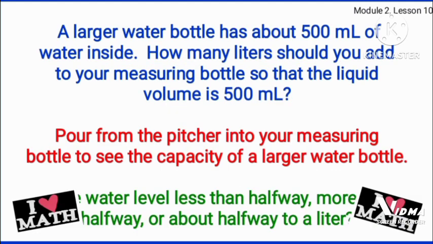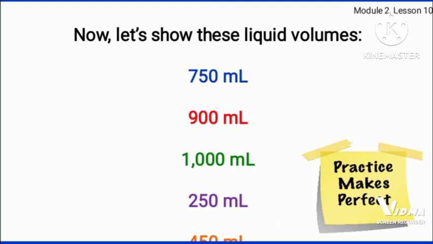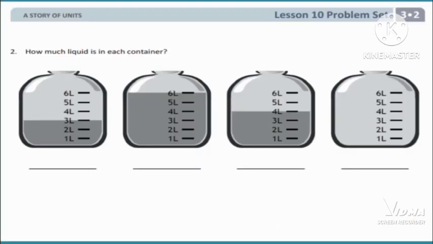We're going to carry out this experiment in class. We'll look at various bottles with varying capacities: 750 milliliters, 900 milliliters, 1000 milliliters, which is 1 liter, and we'll see how it looks.